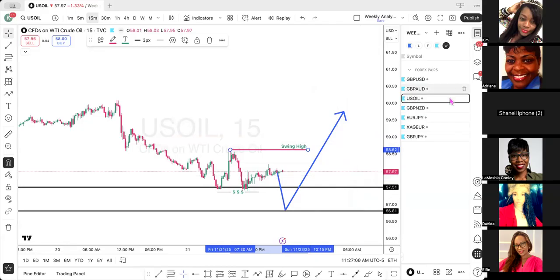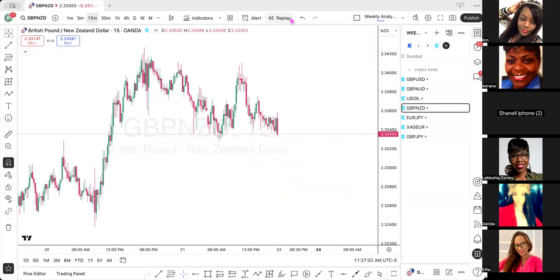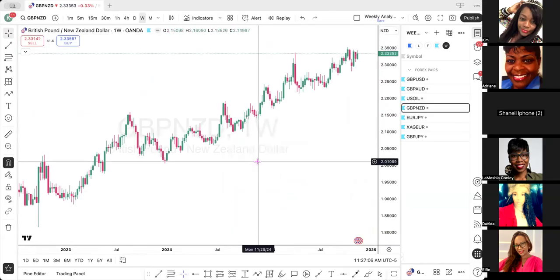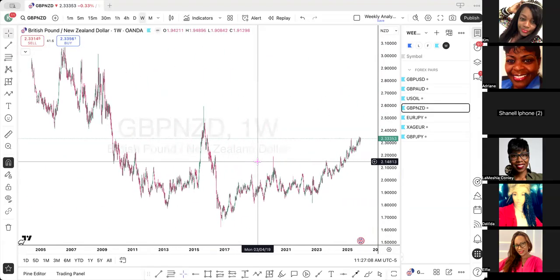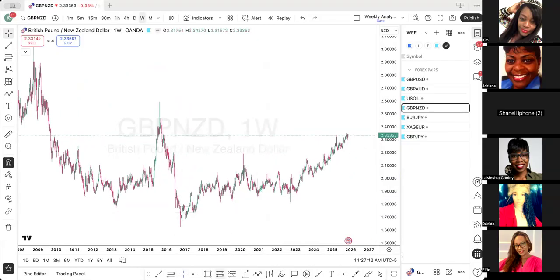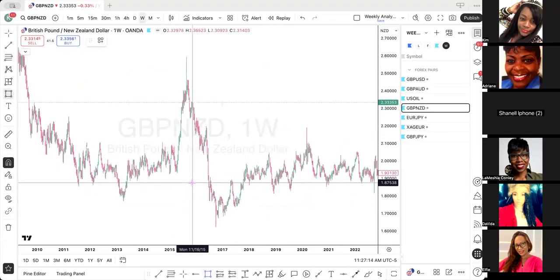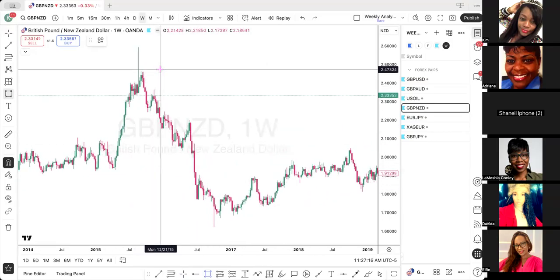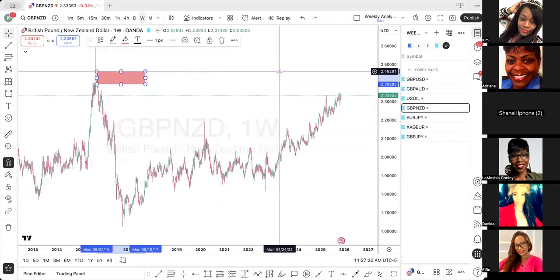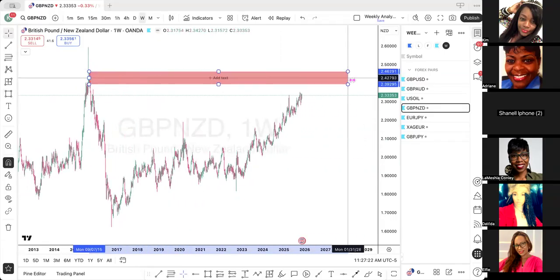GBP NZD. Let's go to the weekly. Let's look at the big picture. We're currently in, or almost in the weekly. Oh no, we're not there yet.